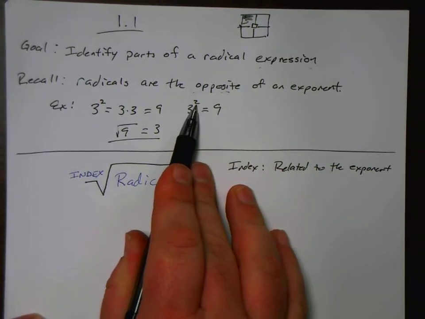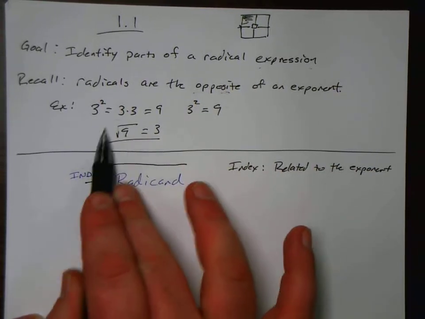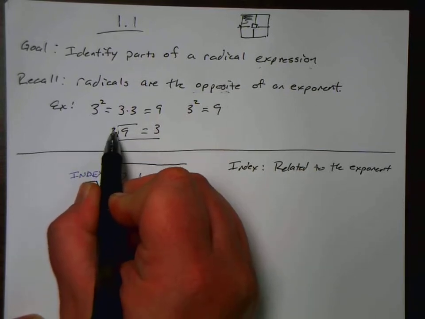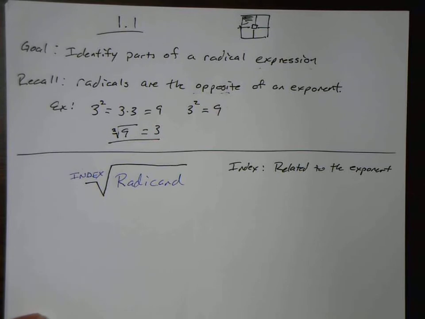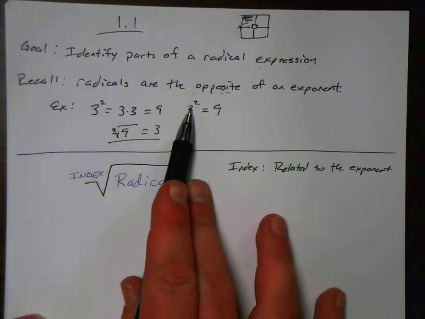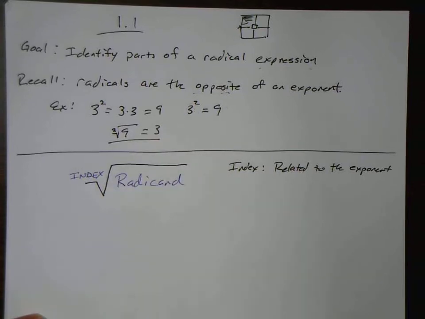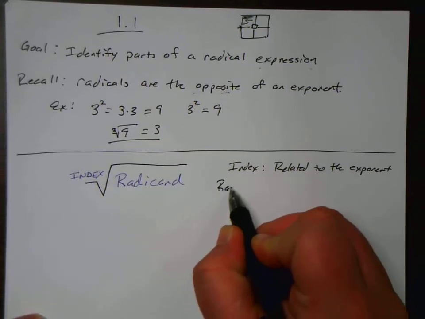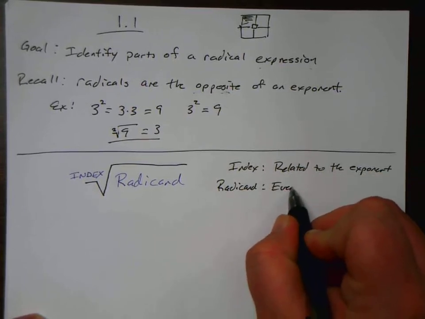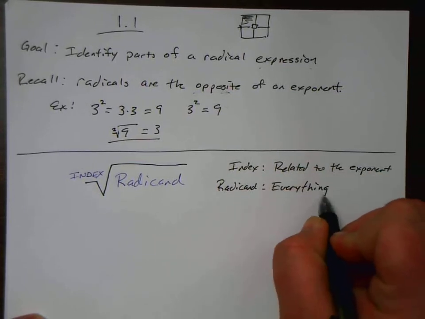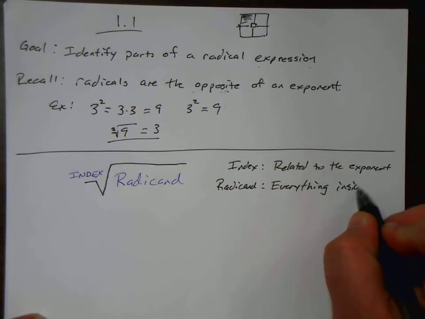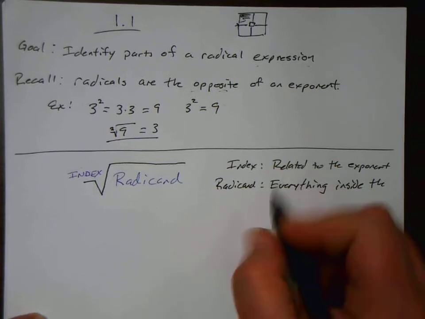So my exponent up here was a 2. The index on a square root, I know it's not there, but if it were there, it'd be a 2 right there, a little 2. All right, so the index is directly related with the exponent. The radicand is everything inside the radical.